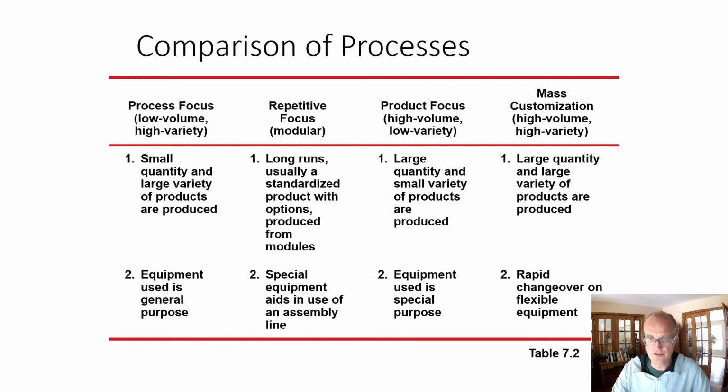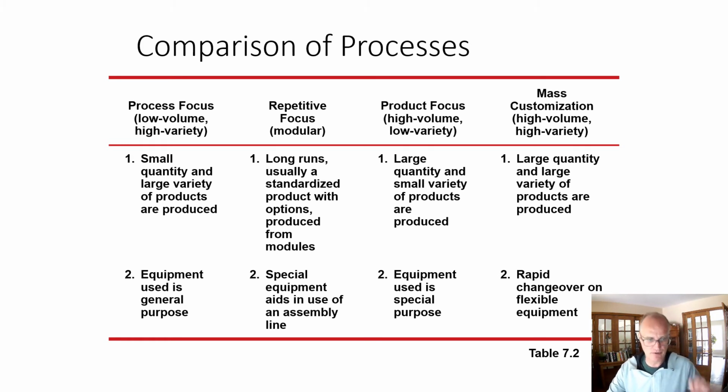Whereas product focus, you're producing lots of a very consistent set of products, and large breweries are an example. Car manufacturing is an example. And in repetitive focus, in some cases, customized cars or other things might be in this repetitive focus.